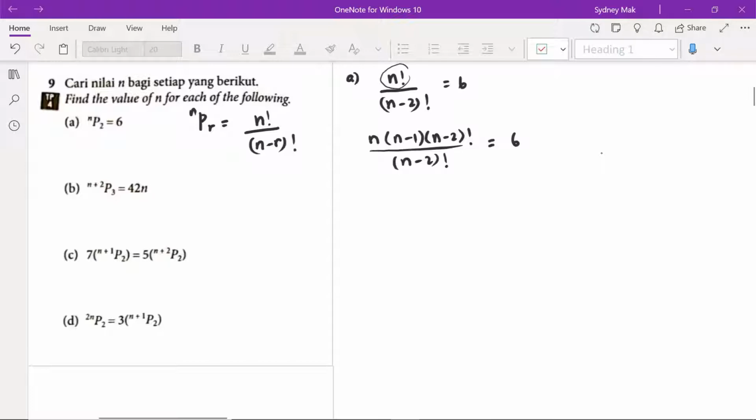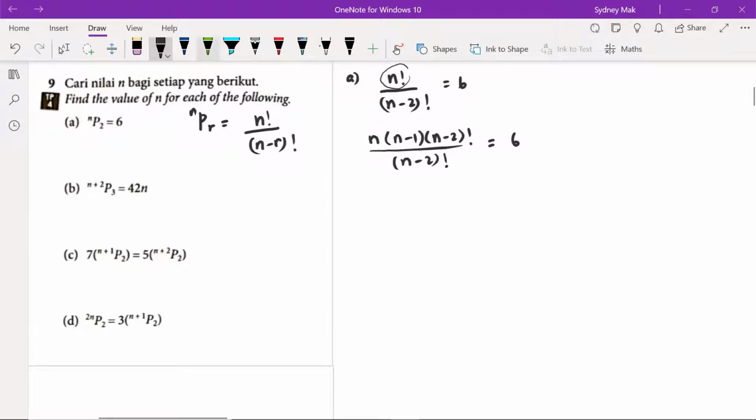So over here, we cancel this. Okay, so we will have n times n minus 1. That will be n squared minus n, and bring the 6 across to the equation. So we will have minus 6 equals 0.